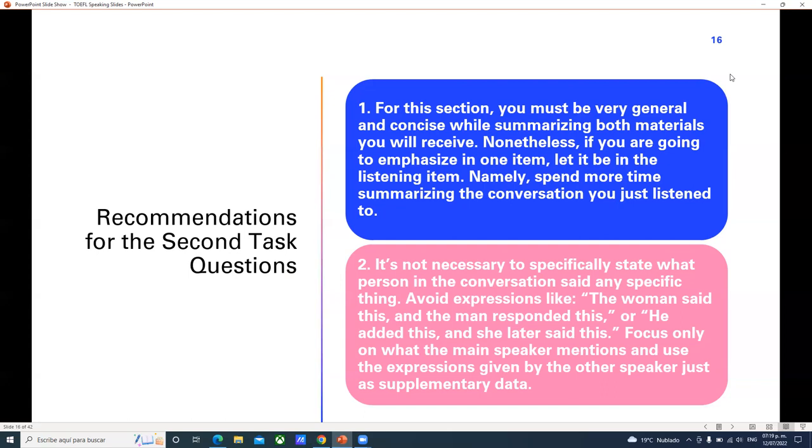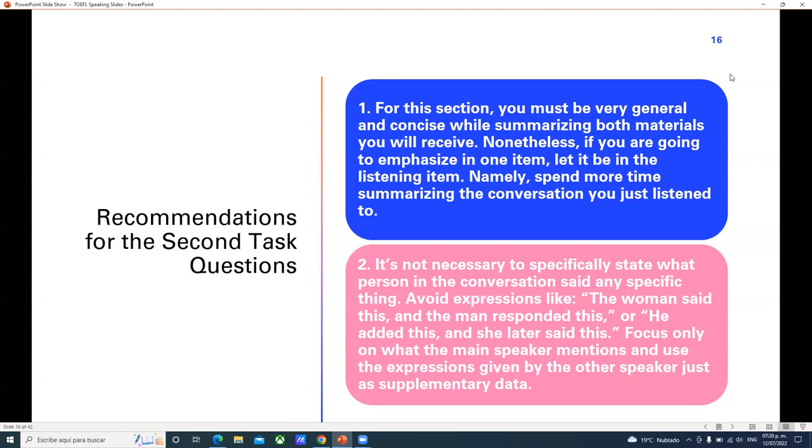So it's very important for you to always emphasize, not only with time, but also with your words and with your efforts, the listening part, that is to say the conversation.